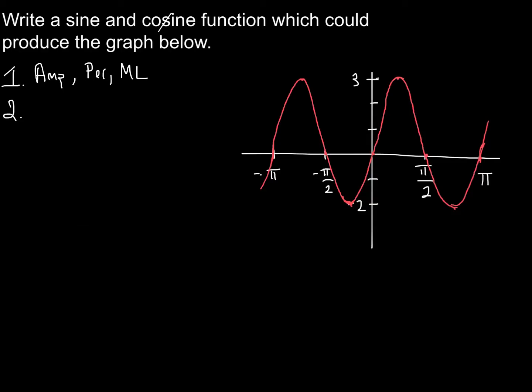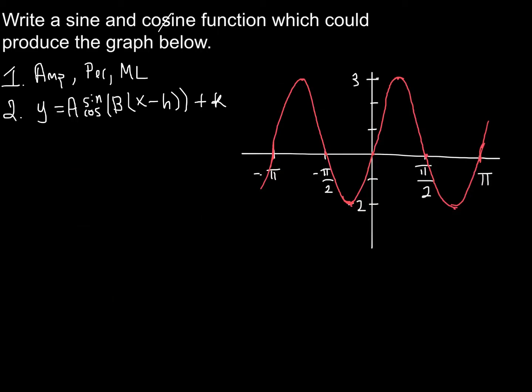Then I want to start filling in my general equation, which is just a sine or cosine, depends on which one it is, of b times x minus h plus k.